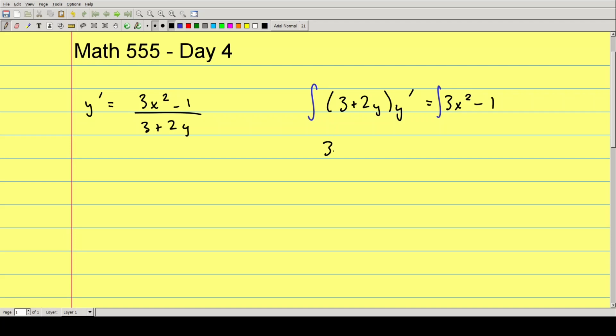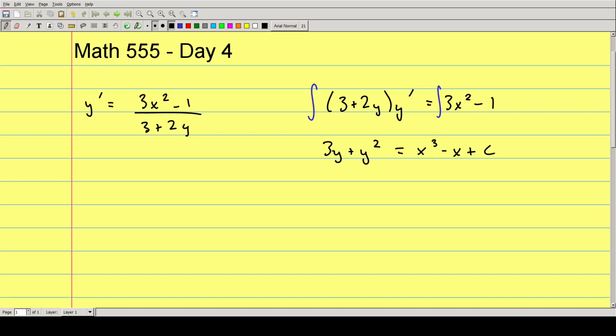So we have 3y plus y squared on the left-hand side. And then on the right-hand side, we have x cubed minus x plus c. Just the power rule.